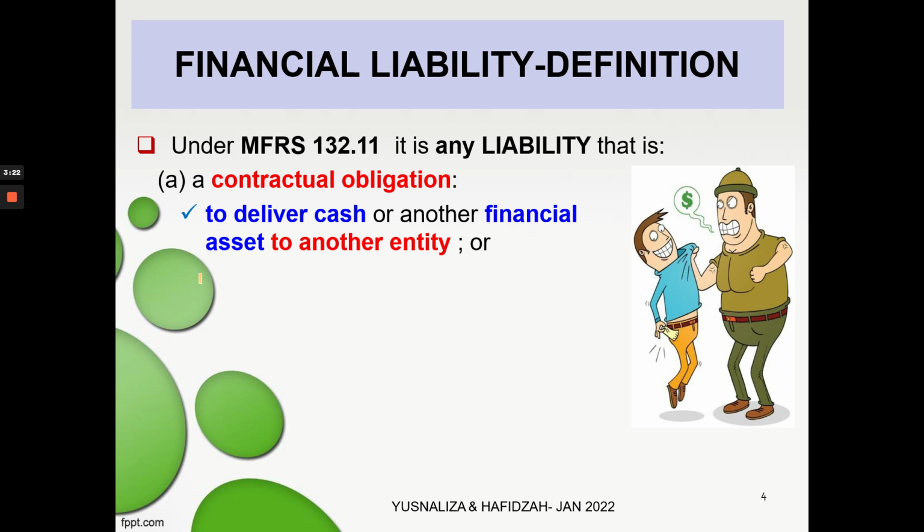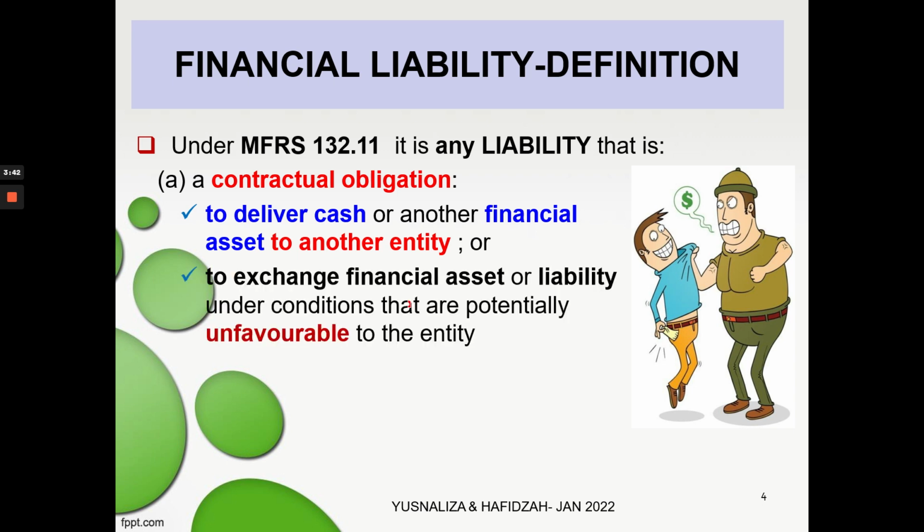Normally this is done, for example, after you have received the goods that were delivered by the supplier, or the service is completed. So you have the obligation to deliver cash to another entity or another financial asset to another entity, or to exchange that financial asset or financial liability under a condition that is potentially unfavorable.